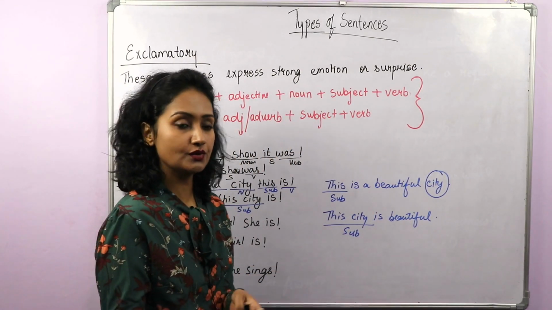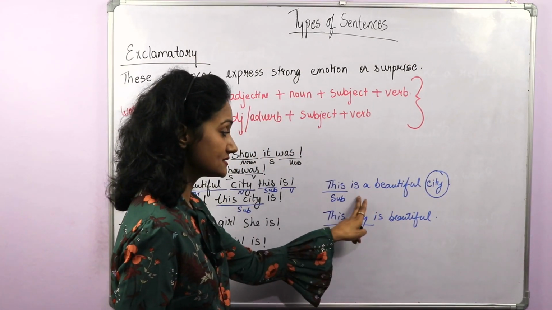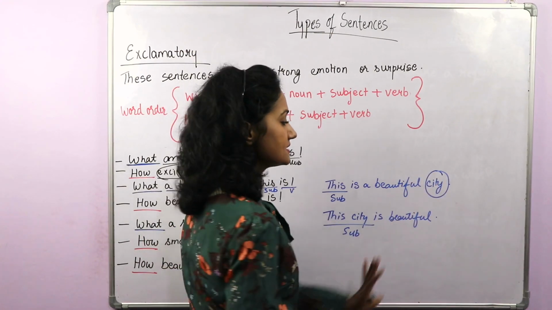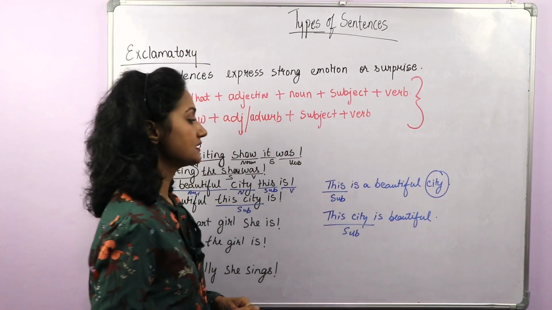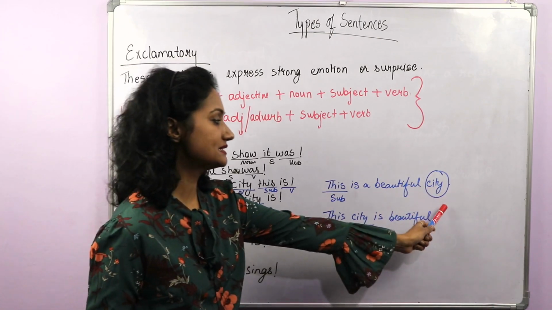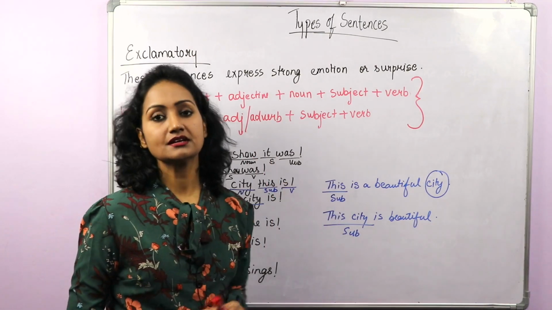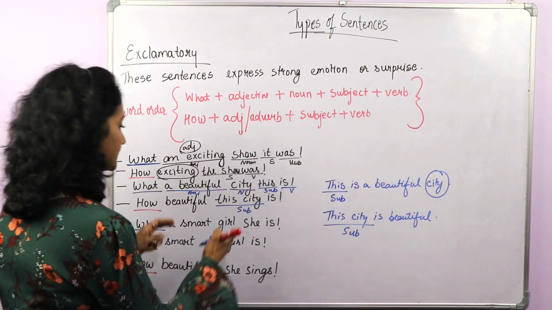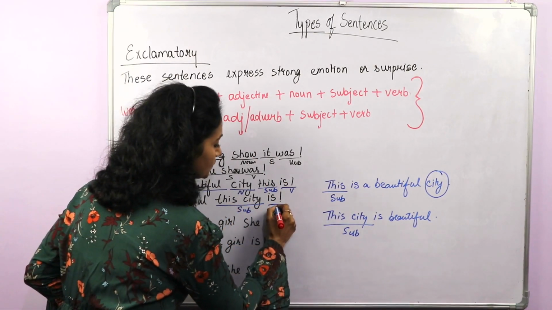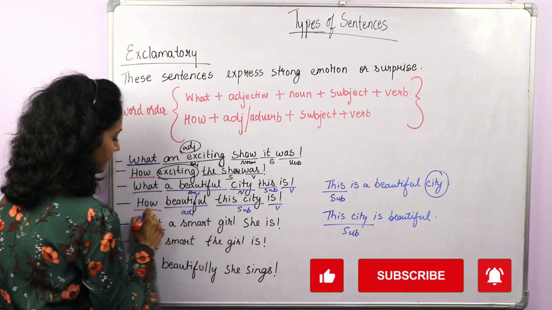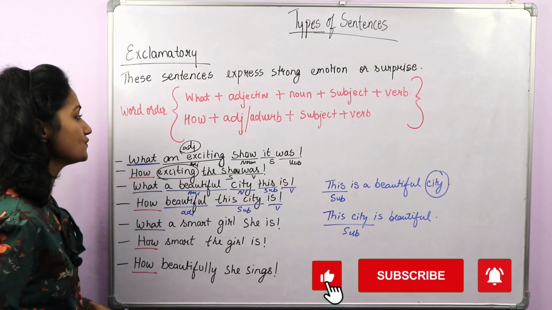But in the sentence, this is a beautiful city, city is a noun and this refers to the city. So we are talking about this, so this is the subject here. Okay, so now subject and verb, and then adjective and how. So we are following the same word order.